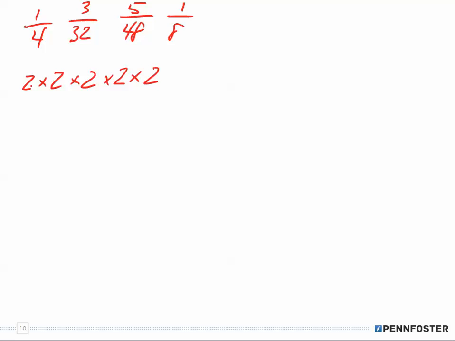Well, I know that 2 times 2 is 4 times 2 is 8 times 2 is 16, and I know 16 can go into 48 3 times, so I multiply that by 3, and when I then end up doing all of the math, I end up with 96.